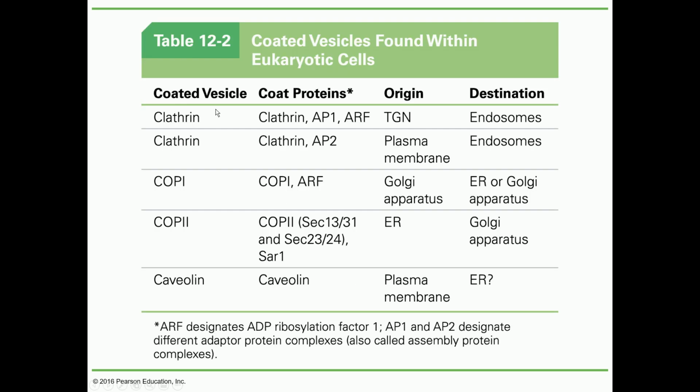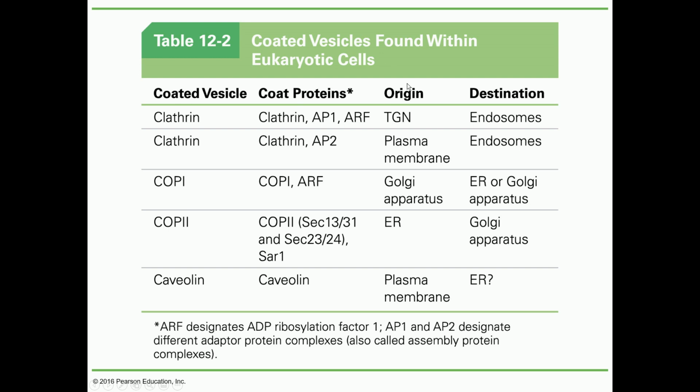Here you can see the different kinds of coated vesicles. They can be clathrin coated, or coated with coat protein 1 or coat protein 2, and these are the specific proteins there in the coated vesicles. If the vesicle is clathrin coated, it has coat proteins clathrin, adaptor protein 1, and ARF, whose full name is given here: ADP ribosylation factor 1.